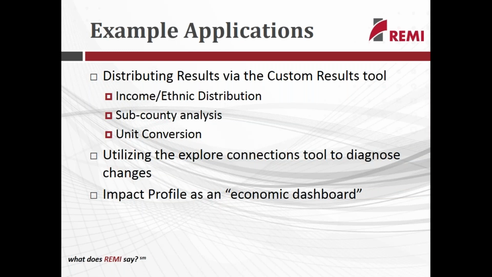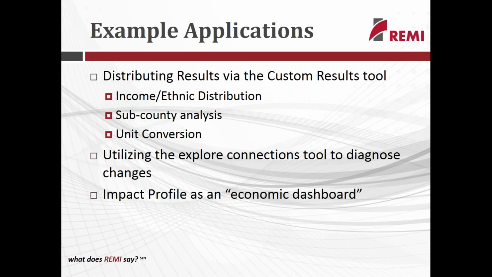We are going to take a look at distributing economic results between sub-county regions using observed breakouts, and we're going to think about using unit conversions to switch maybe BEA employment concepts to BLS employment concepts.